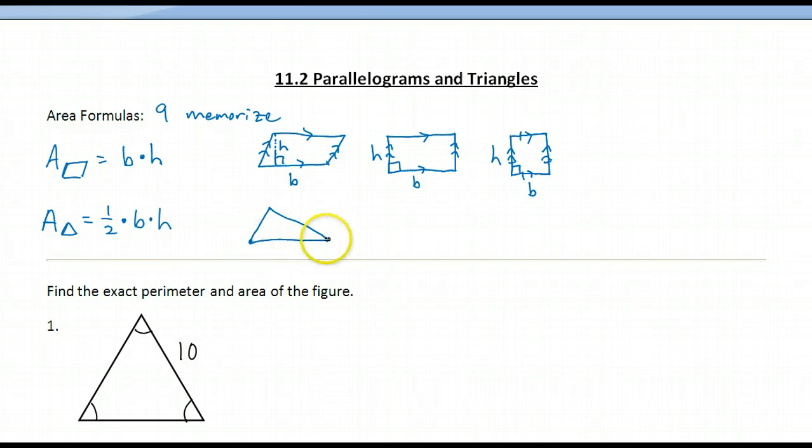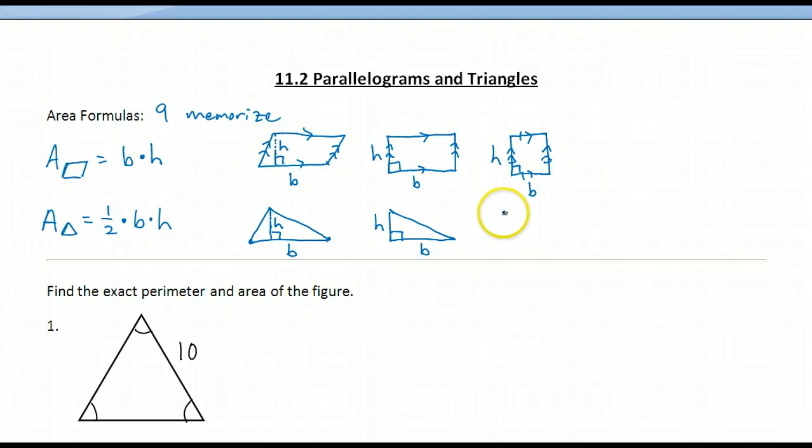This bottom side is the base, and the height is actually the altitude of the triangle. If I have a right triangle, this bottom side is my base, and this leg is my height.